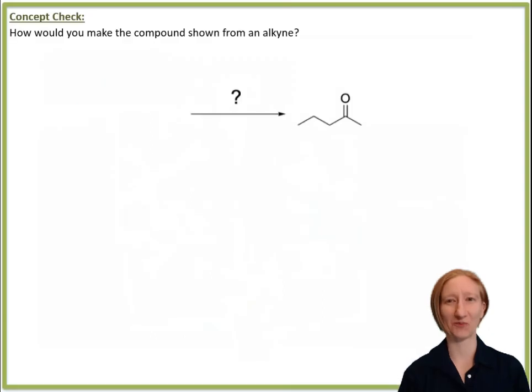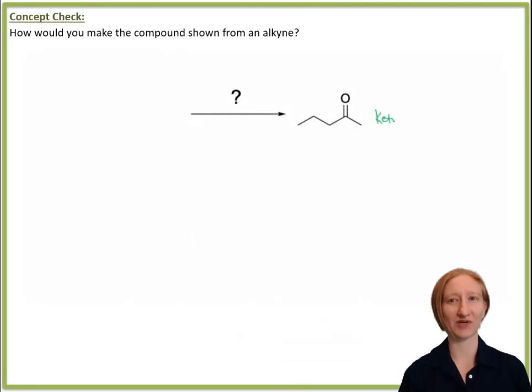Let's try an example. How would you make the compound shown from an alkyne? This example is asking us to go the other direction, to think about the reaction backwards instead of starting with an alkyne. So here we need to remember that we form ketones from alkynes in a hydration reaction, and that the ketone forms immediately from a tautomerization step.